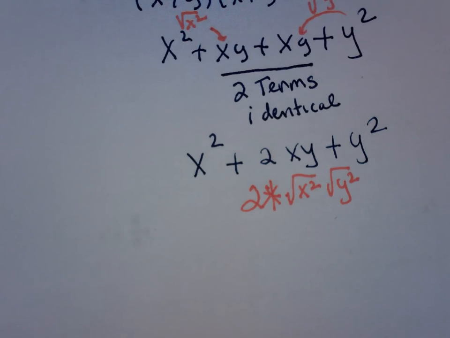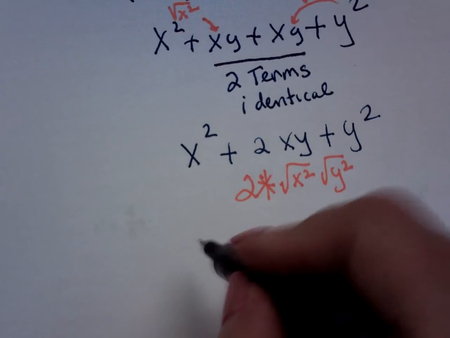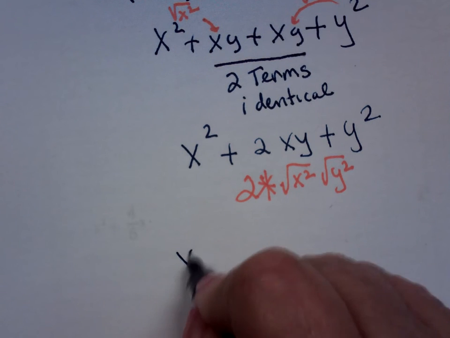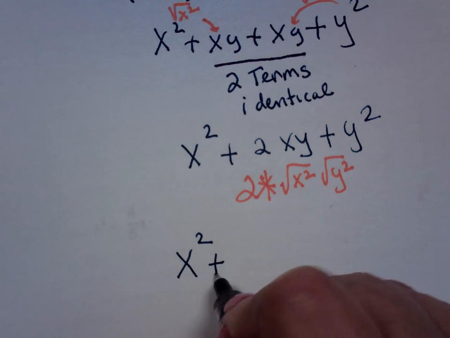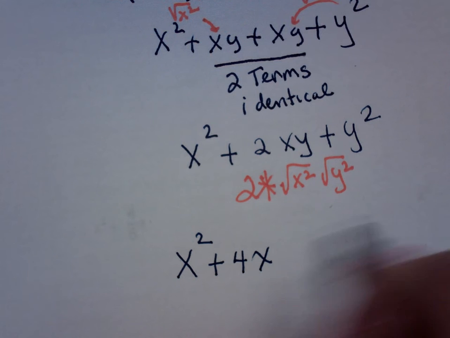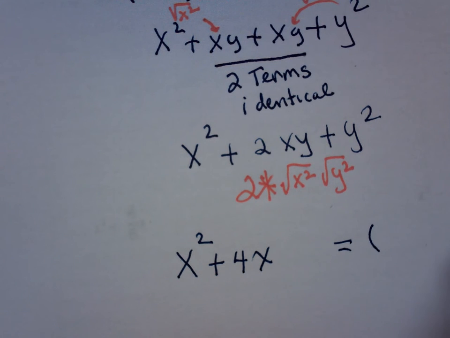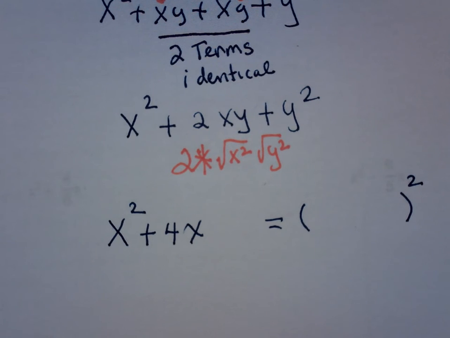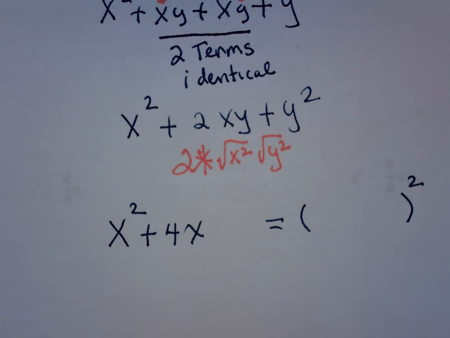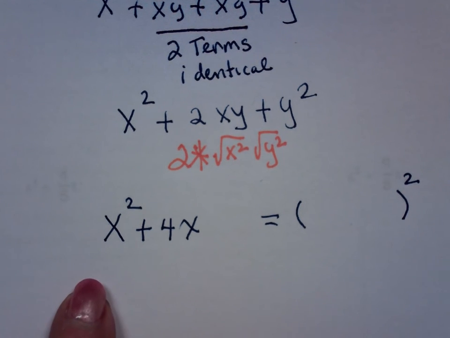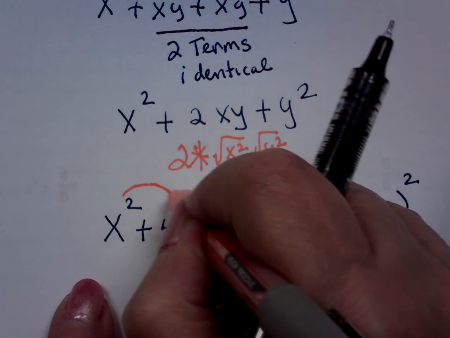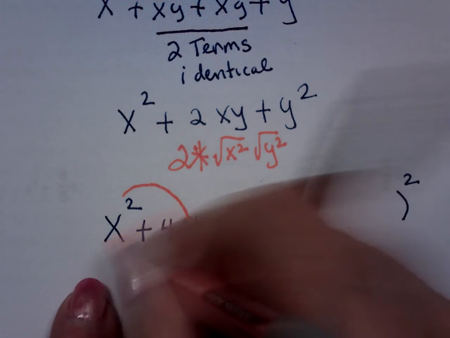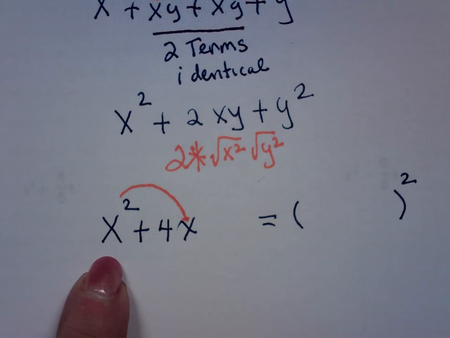So if I were to say to you, I want to turn x squared plus 4x into something which is a perfect trinomial square, what do I want to do? Well, x is still x, so that says this guy is the square root of whatever is in the front here.